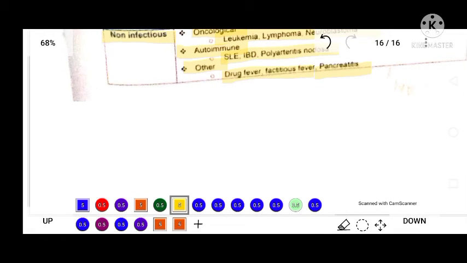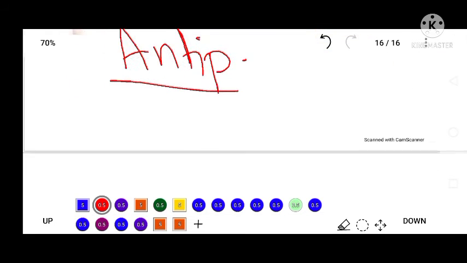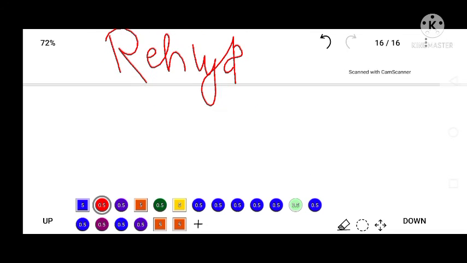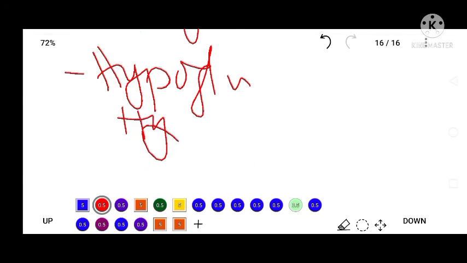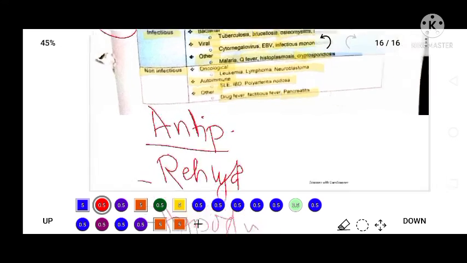So the treatment for pyrexia of unknown origin is that antipyretics should be given, and rehydration of the patient should be maintained, with prevention of hypoglycemia and hypothermia. So in this way we can primarily manage the patient and prevent the fever occurrence.